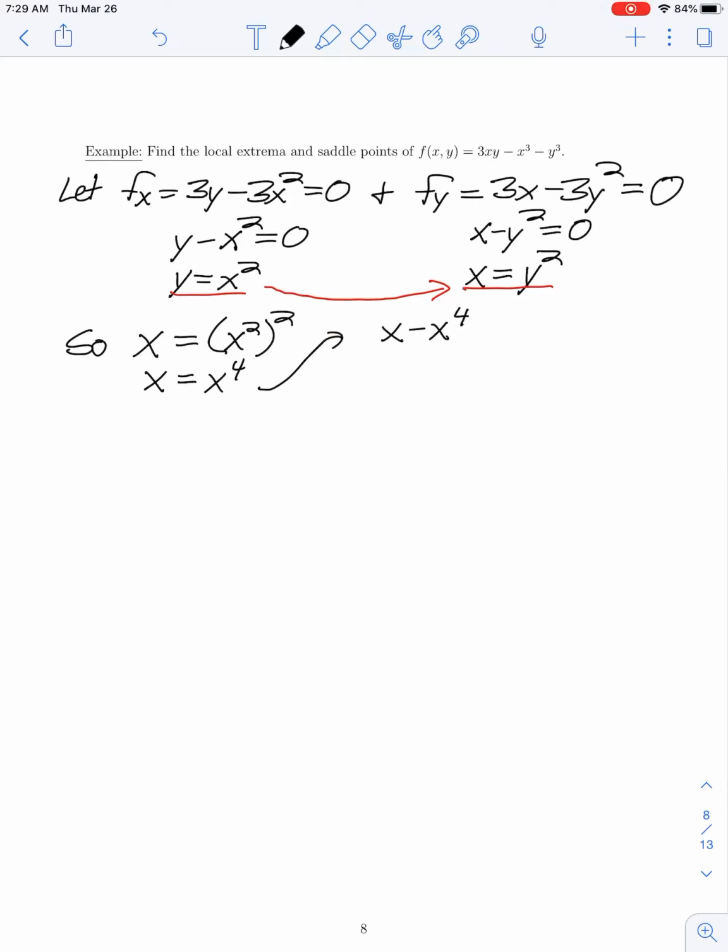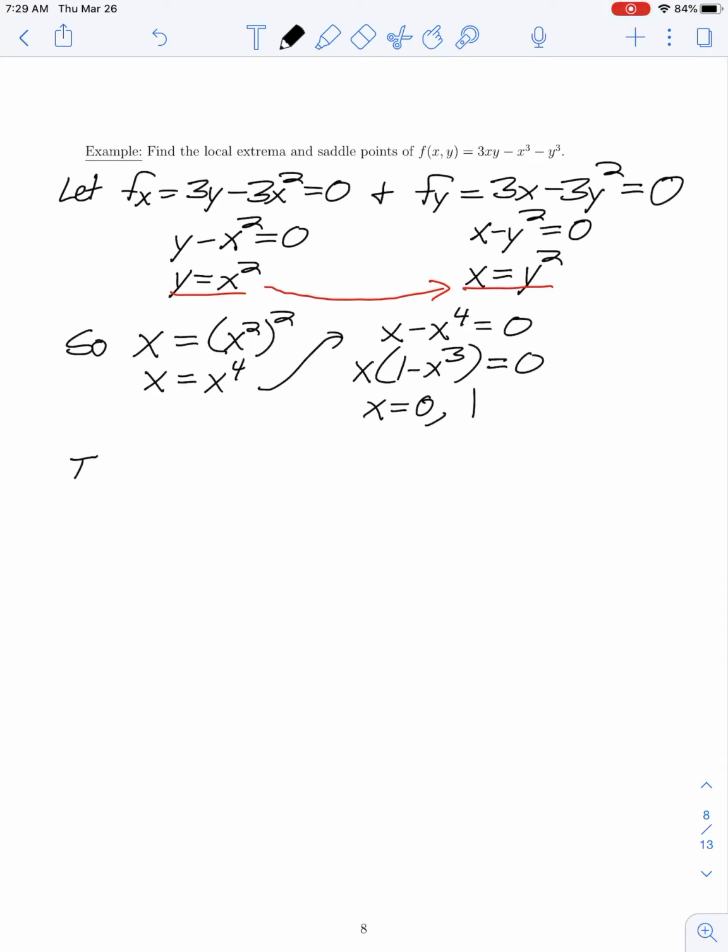So here x must equal x to the 4th, or equivalently, x minus x to the 4th is 0. Factoring out an x, we have x times 1 minus x cubed is 0. So two choices here: either x is 0 or x is equal to 1.